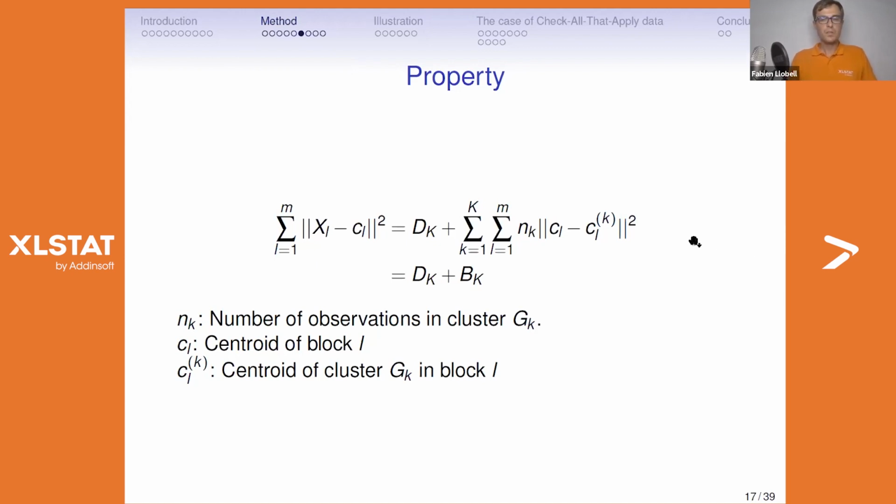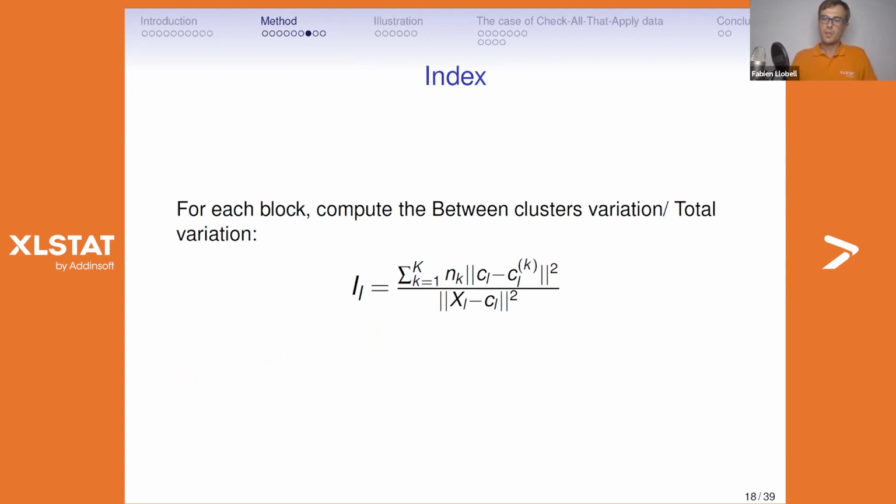And this property allows us to define an index for each block by computing the between cluster variation divided by the total variation. And this index reflects the fact that some of the blocks can be very well represented by the cluster solution, and some of the blocks not.